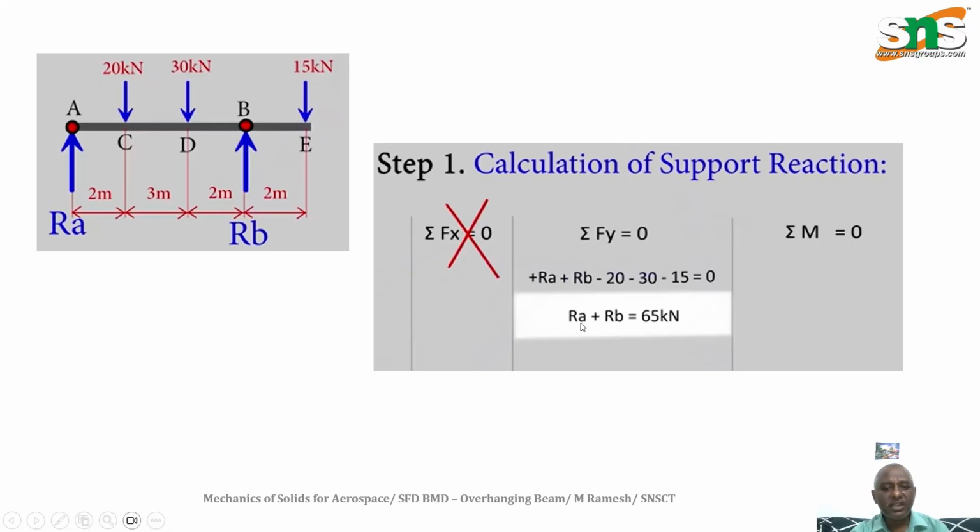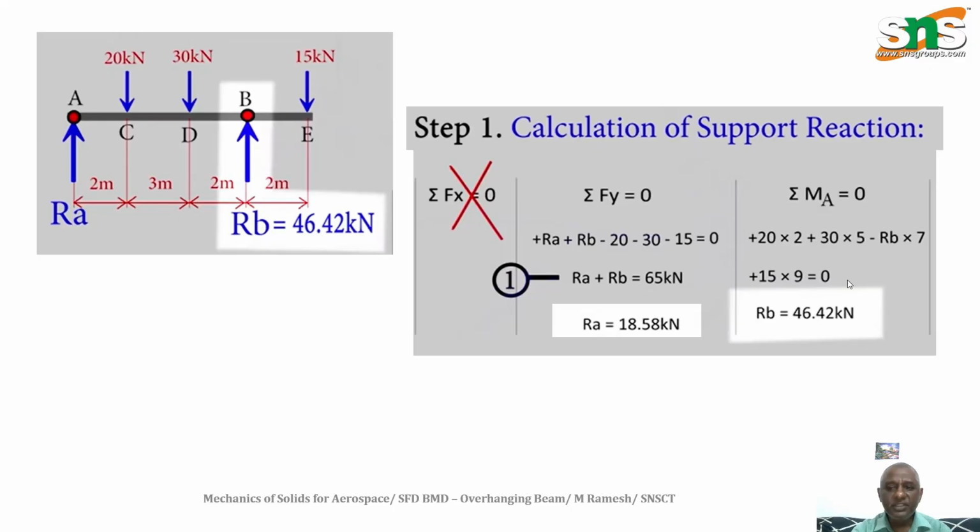But we have to find RA and RB separately. For that we need another equation, the static equilibrium equation of bending moment. The algebraic sum of bending moments at any arbitrary point is 0. For that we are going to take moments at point A. Bending moment is calculated by force into perpendicular distance.